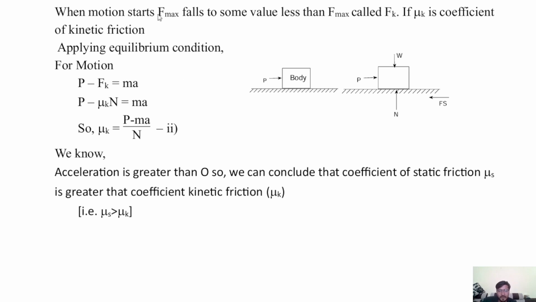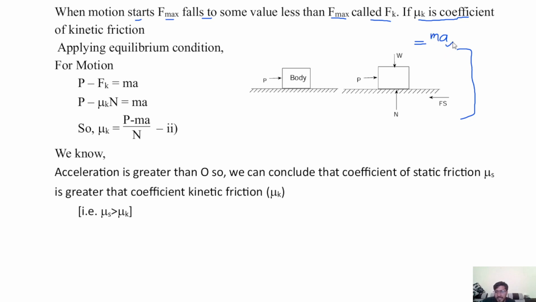On the other hand, when the motion starts, the maximum friction force falls to some value less than Fs max, called Fk. If coefficient of kinetic friction is equal to mu k, applying equilibrium condition for motion condition, that means this is the figure of motion condition. There is a movement having acceleration a and the mass of the body is m.